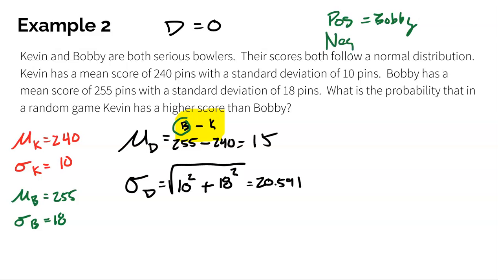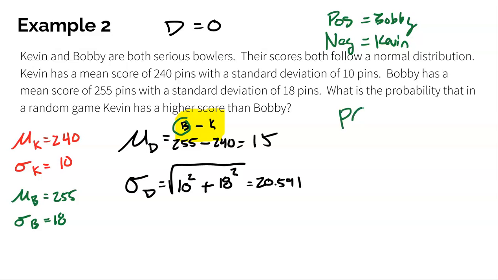A negative result, though, would be where Kevin does better. Because again, think about that. If the K is bigger than the B, if Kevin does better than Bobby, when I do the subtraction of Bobby minus Kevin, I'm going to get a negative number. So if they're equal, I have a 0. Anything less than 0, which is the definition of a negative number, is where Kevin does better.